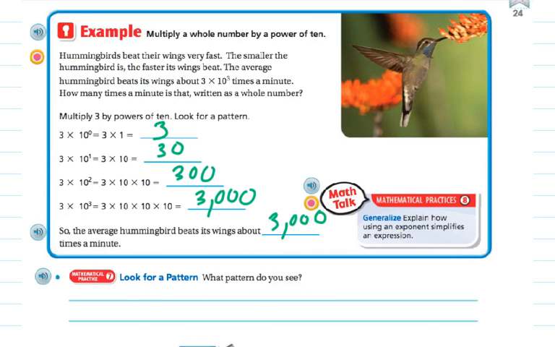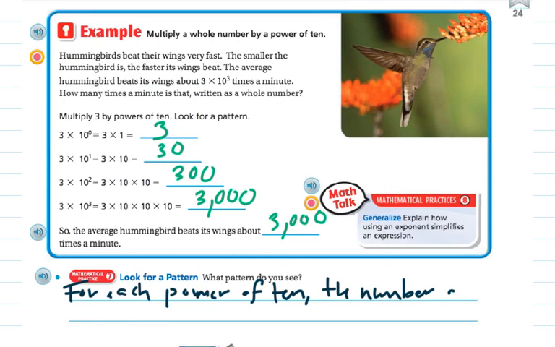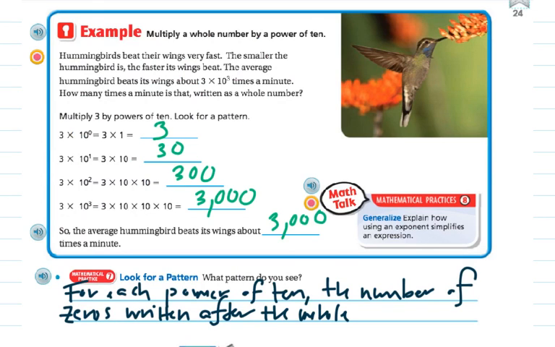So what we might be able to say is, for each power of 10, the number of zeros written after the whole number is the same as the number in the exponent.